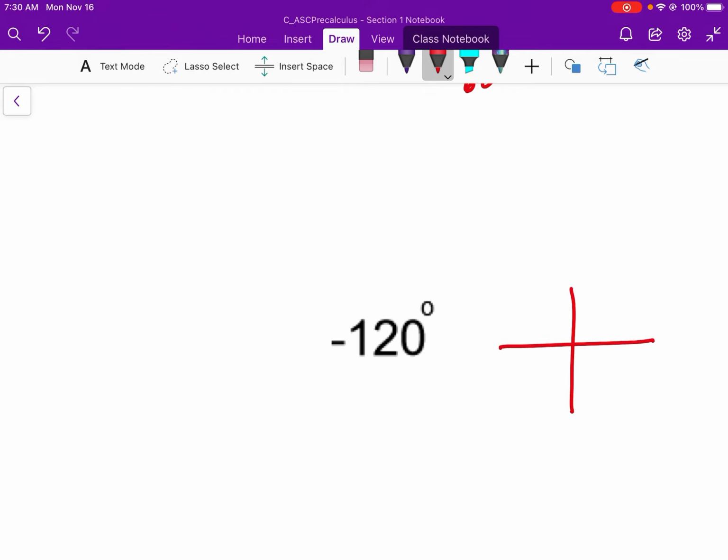Now, what about this crazy negative 120? Well, negative 120 is here, right? Negative 90, negative 180. Again, how far? I want to always use the x-axis. So how far am I from the x-axis? Well, I can say 180 minus 120, and that's going to be 60.